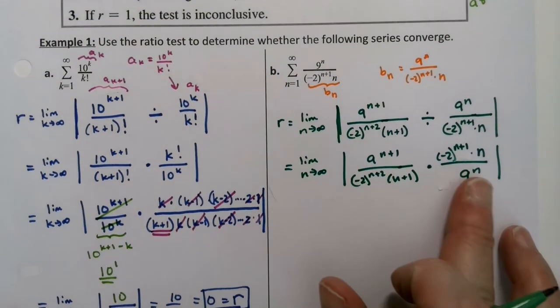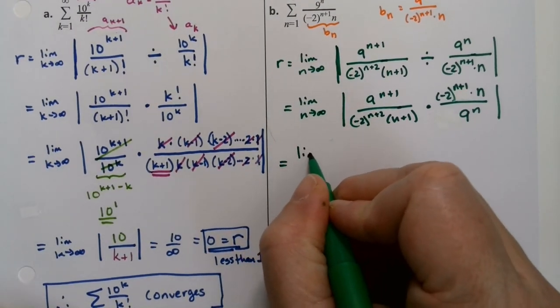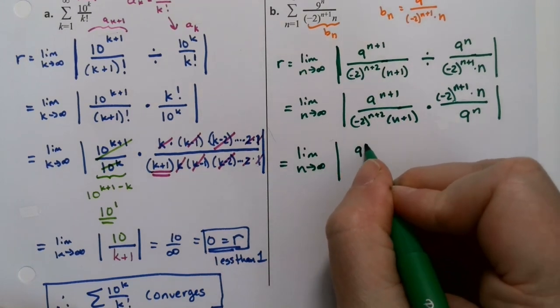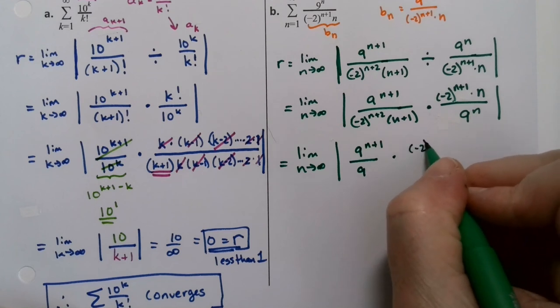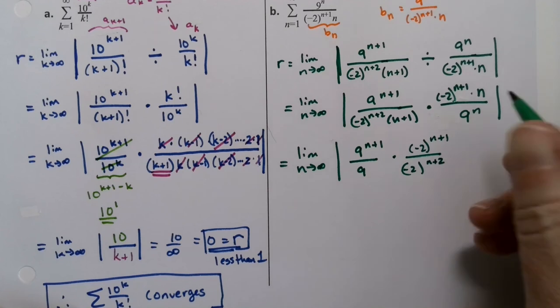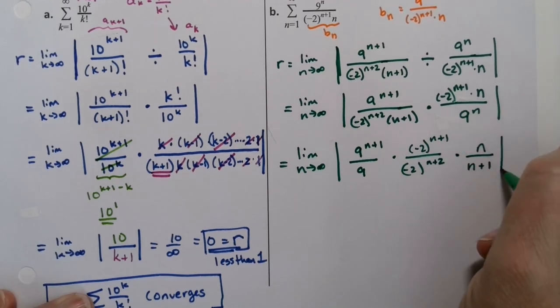All right, now I can rearrange this a little bit just to help with the math. So that's the limit as n goes to infinity of, I'll put the two 9's together, 9 to the n plus 1 over 9 times negative 2 to the n plus 1 over negative 2 to the n plus 2 times n over n plus 1.